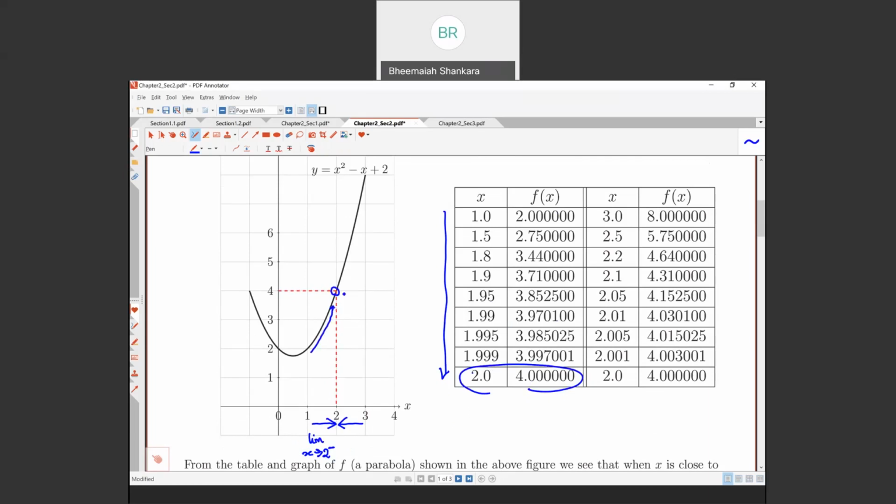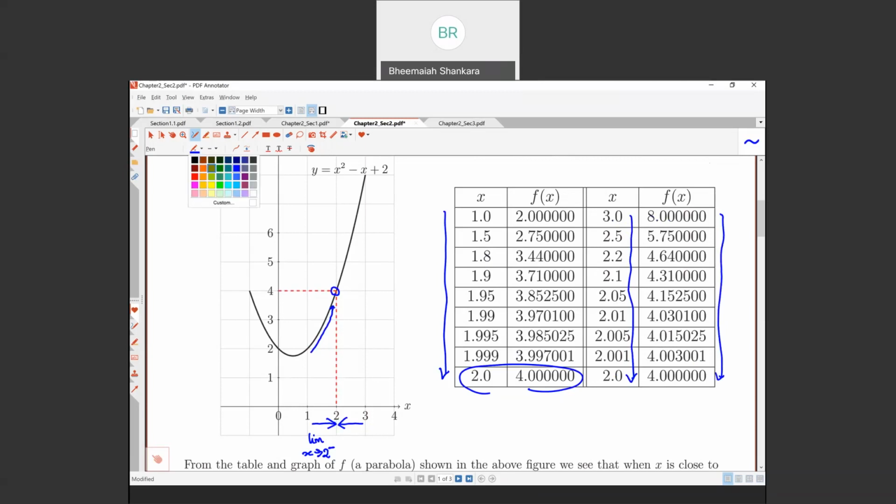Now similarly, let's see the second column of the table where the x values are decreasing. You start from 3, you go all the way down until 2. And then you read the corresponding functional values. Start from 8, it goes down all the way to 4. So you start from 3 and you move towards 2.